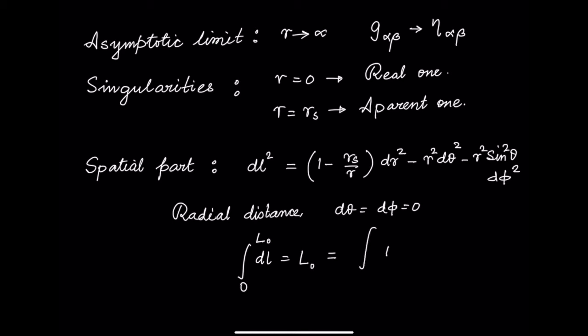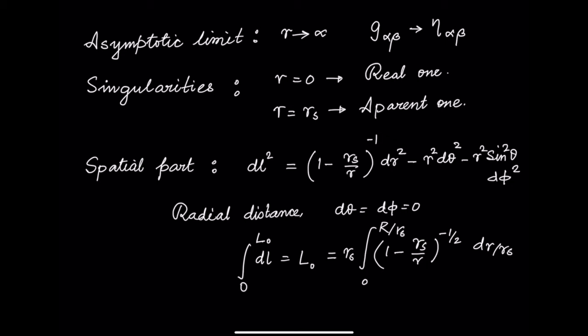For that, I have to integrate this, with the minus 1 inverse here, take a square root and dr. That is how much distance you have traveled. You have to integrate this from 0 to capital R. The distance you will get is in terms of rs, of course. But this is not the same distance as 0 to r or capital R.